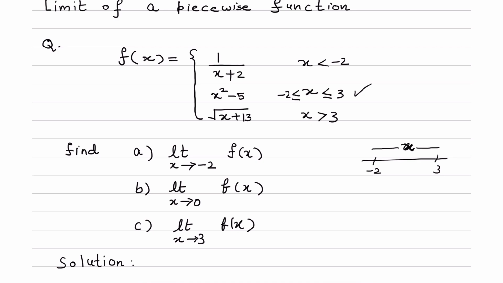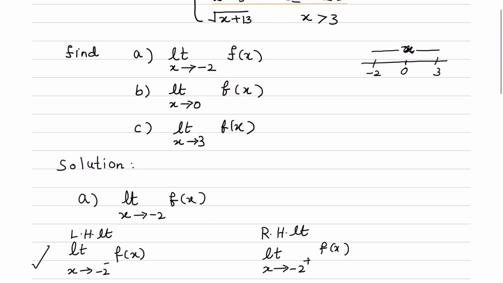And you can see that 0 lies somewhere in between -2 and 3. So 0 falls in this category. To find the limit at 0, we will pick the corresponding function, which is x square minus 5.